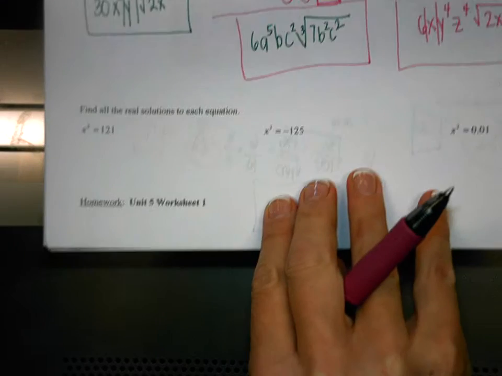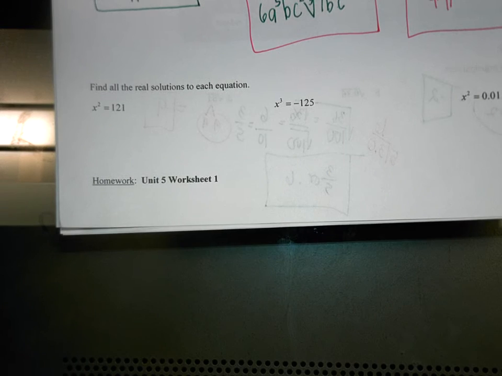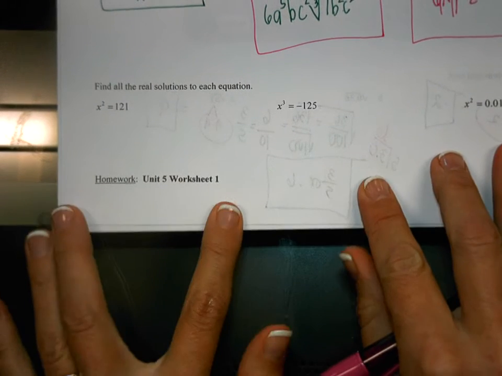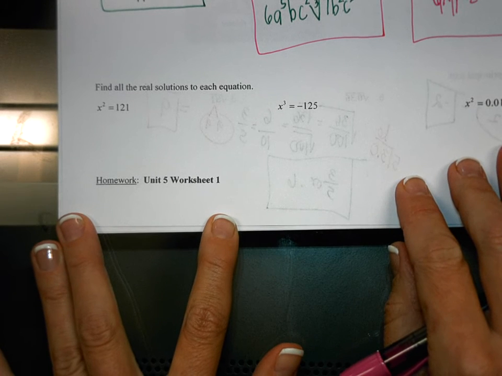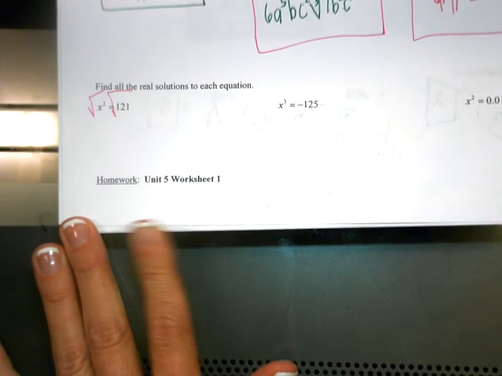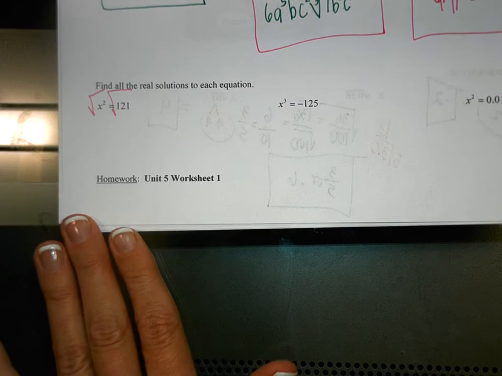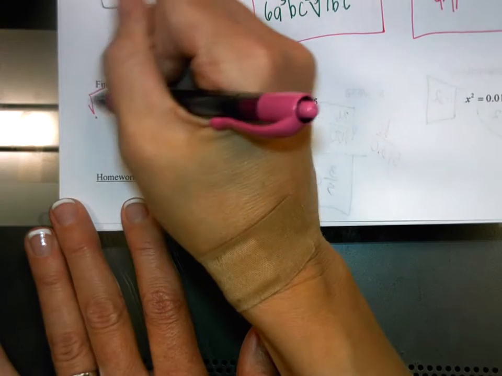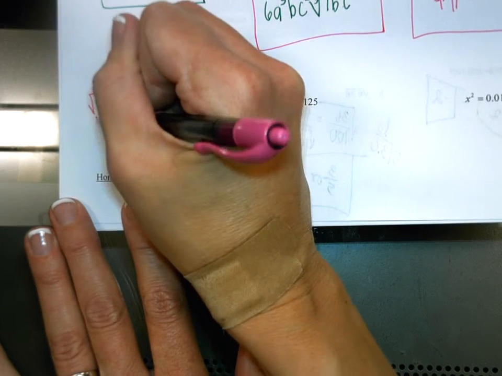Last 3 examples. It says find all real solutions to each equation. If we are solving for x, what would I do here? How could I get x by itself? Very good. Now, whenever you make a square root, that should remind you that it's going to be positive and negative. This is how we learned it at the beginning of the year, though, because the square root of x squared is the absolute value of x.